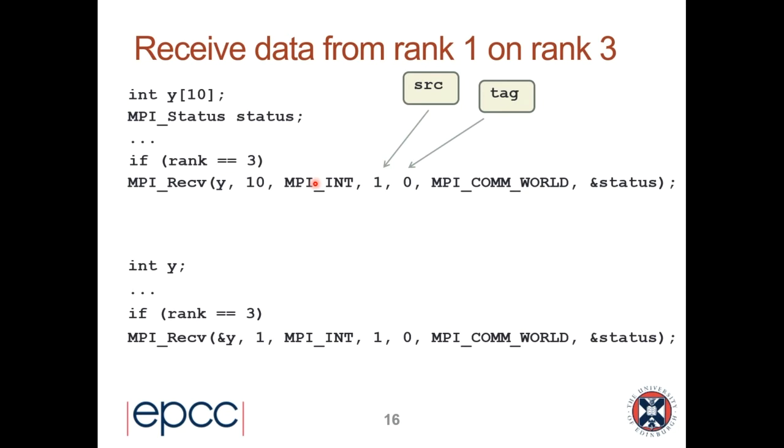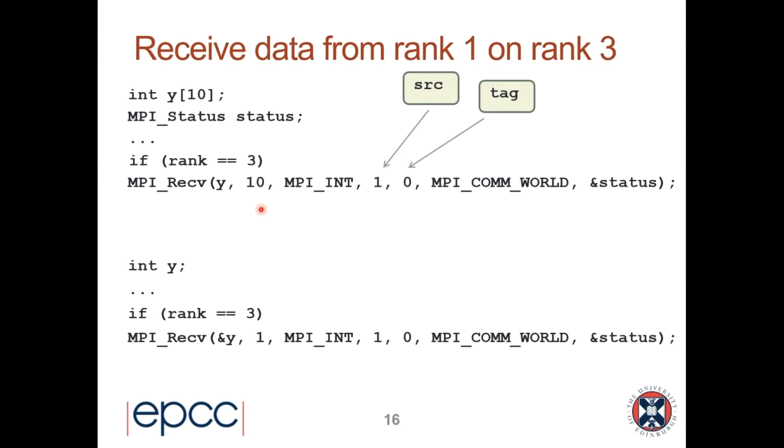But the question here is, that receive can in principle match any send which has fewer than 10 elements. But clearly I need to know how many elements were received, because otherwise I don't know which data is valid. So how do I find out how much data is received? Where do you think that's stored?